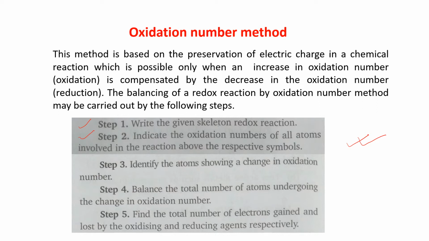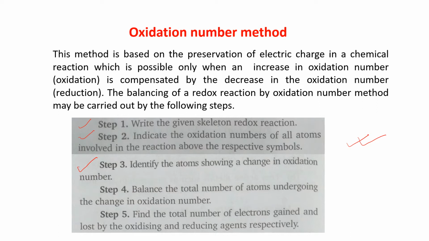Now step number 3: identify the atoms showing a change in oxidation number. Which atoms are showing a change in oxidation number, that we have to identify first. Then only we can say that this one has gone for oxidation and this atom has gone for reduction.